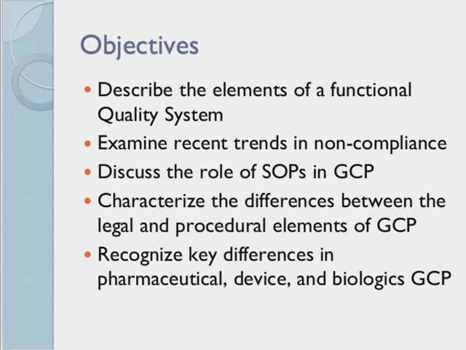And from that lens of being an auditor and looking at your training systems, how are you really structured to meet good clinical practice requirements, whether you are a site or an IRB or a lab or a sponsor or a CRO. So our focus is going to look at the elements of a functional quality system at the site level.